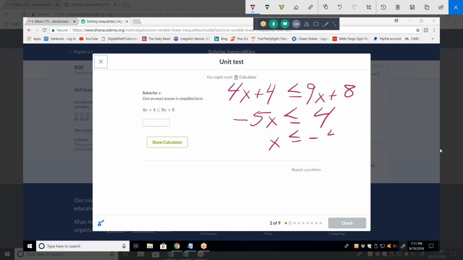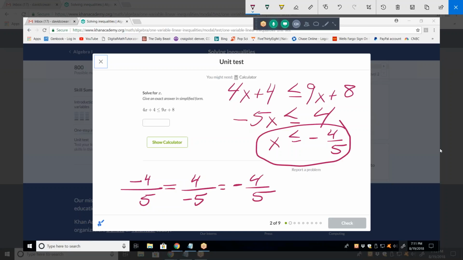Negative 4/5. In other words, it's important to understand that this is the same as how it's traditionally written with the negative sign in front. Okay. Well, I wrote it like that. Okay. Now, you made one mistake there. What was in the last step you did?